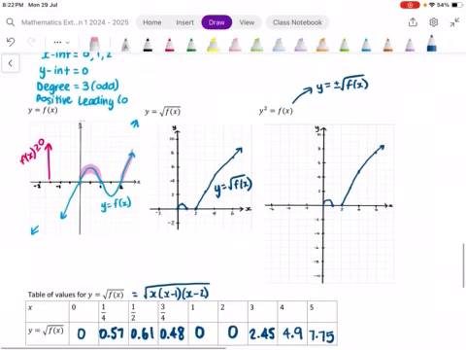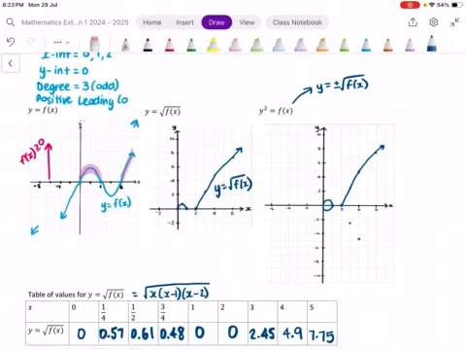Okay, but we also want the reflection about our x-axis, so what is going on underneath. So we have a little circle going on. At 2 it's at 0, at 3 it's at negative 2.45, at 4 it's at negative 4.9, and at 5 it is at negative 7.75. Oh no, that's at 5. No wonder that looks a little bit sketchy.